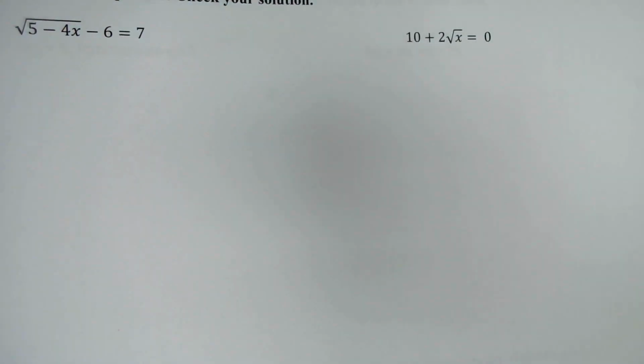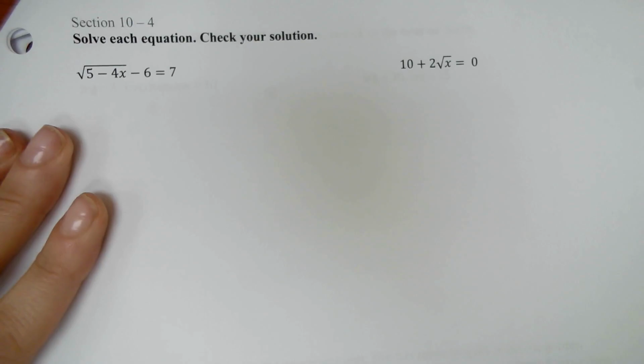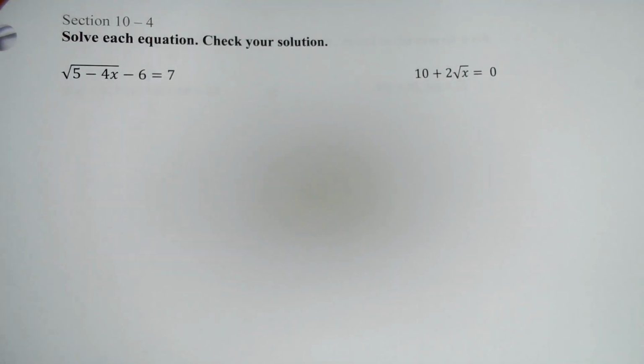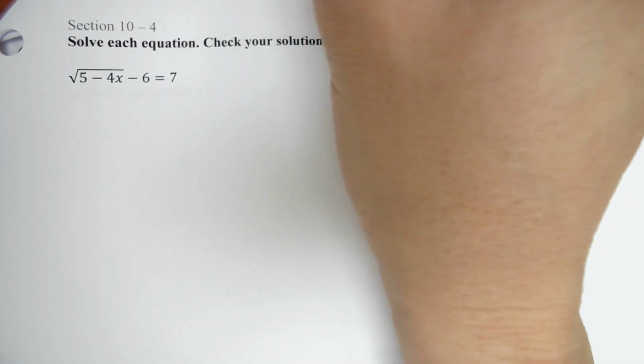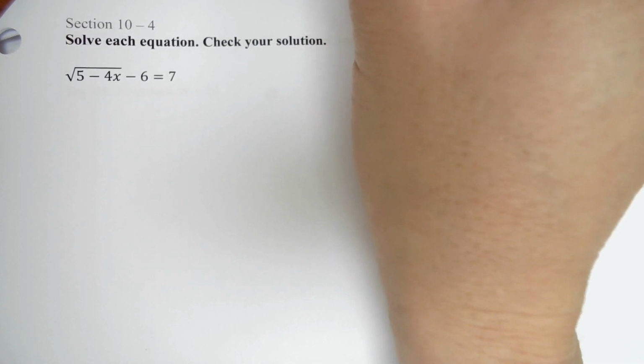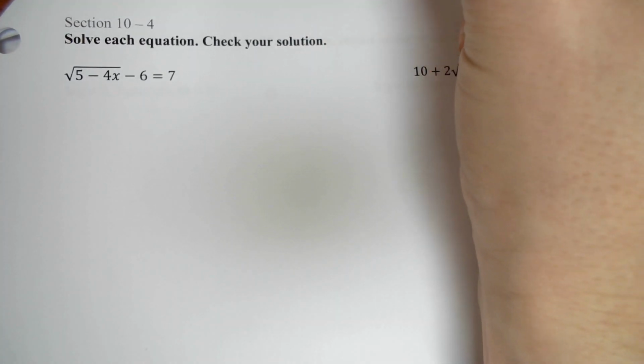We're moving right along. Now we're going to move on to some of our more recent skills, which asked us to solve equations involving radicals. So we learned when we solve equations, first we want to isolate the radical.